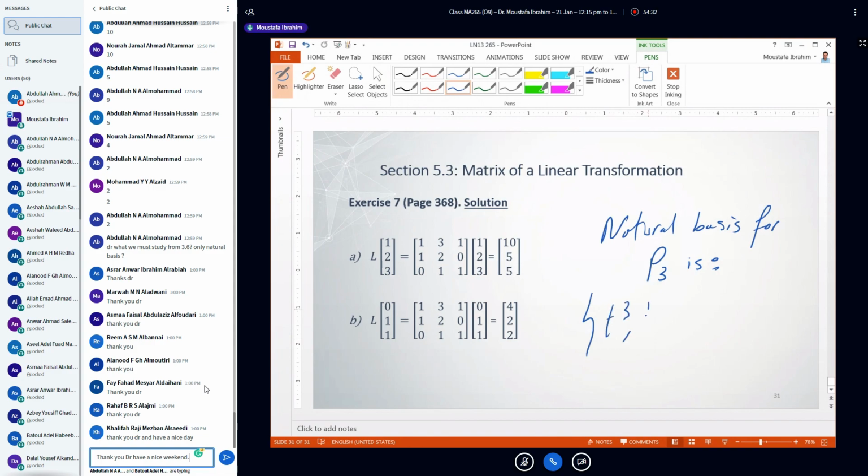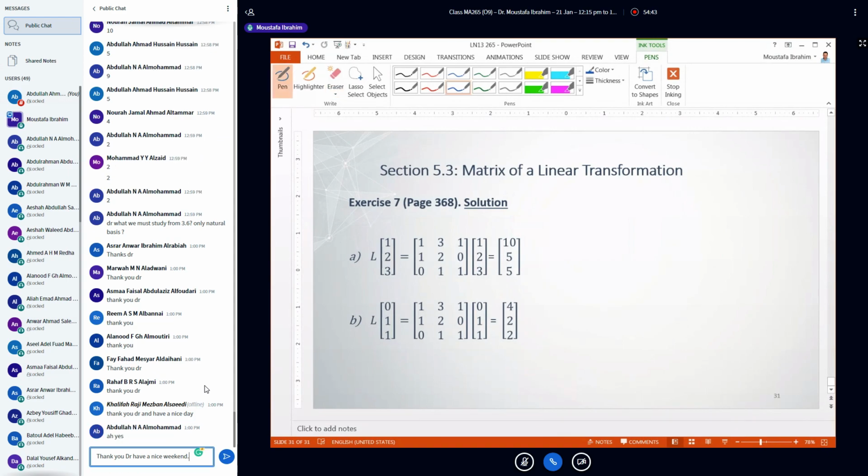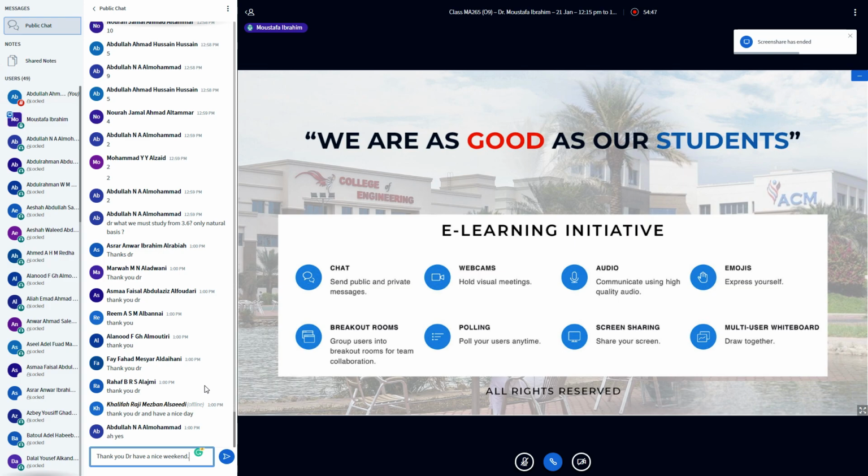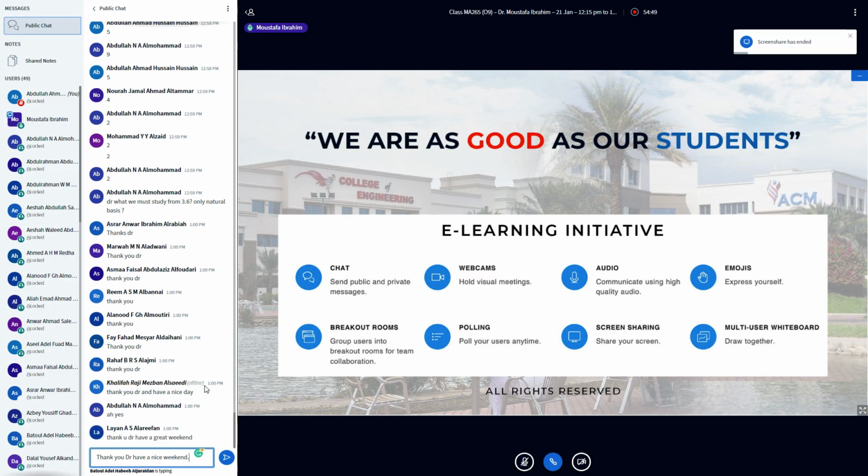It's t to the power of 3, t to the power of 2, t, 1. So just remember all these natural bases. Yes, this is what you want. Because here, as you have seen, we need only the natural basis to define the standard matrix.